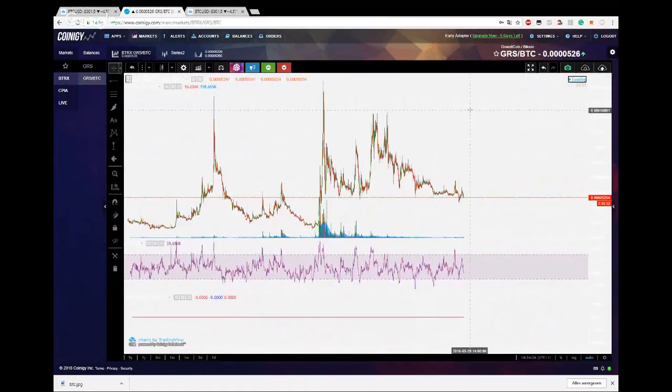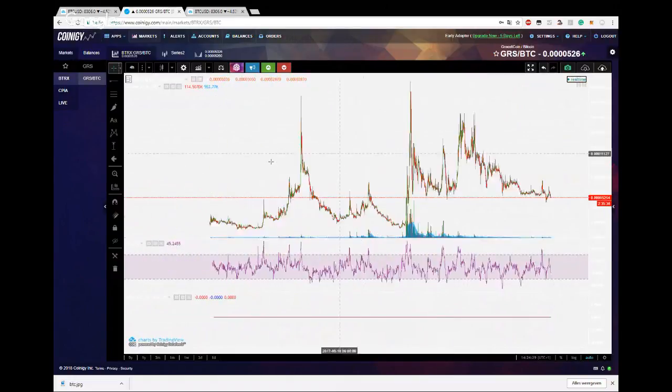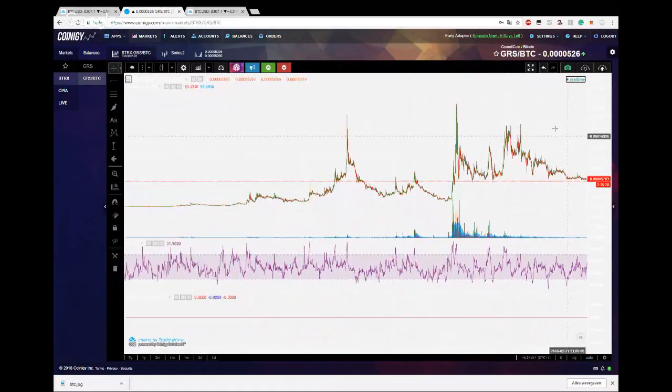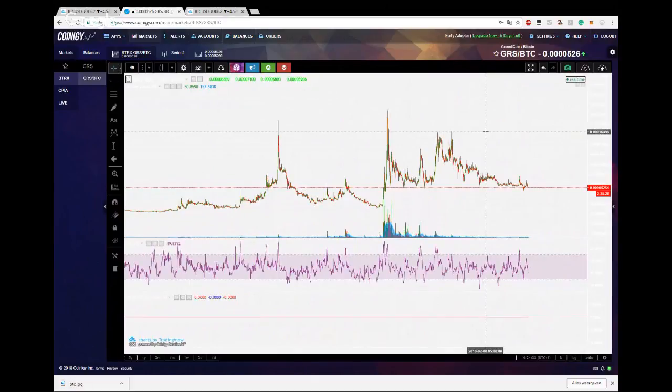And of course, I can take a quick look at GRS. Side note, this is one of those charts that don't really make sense. Why is that?